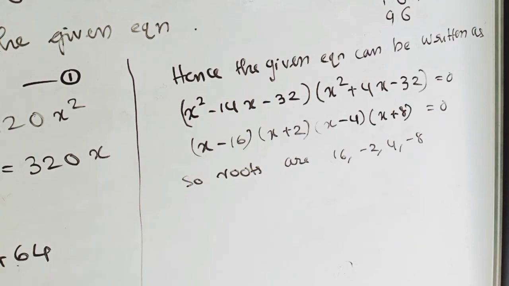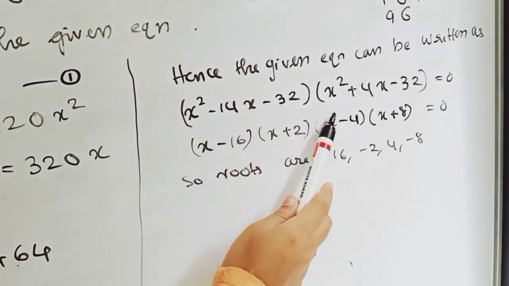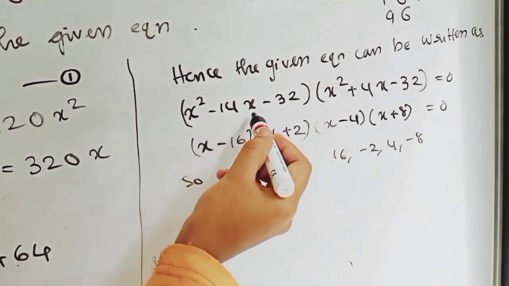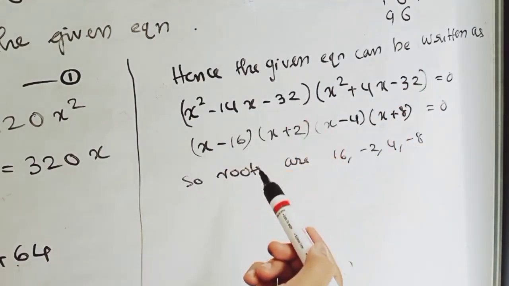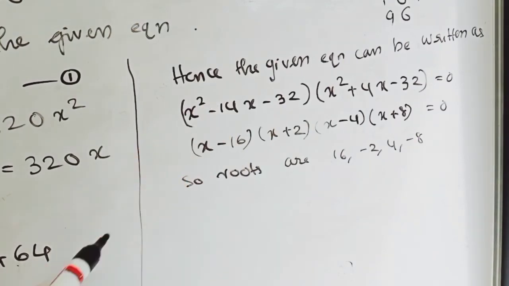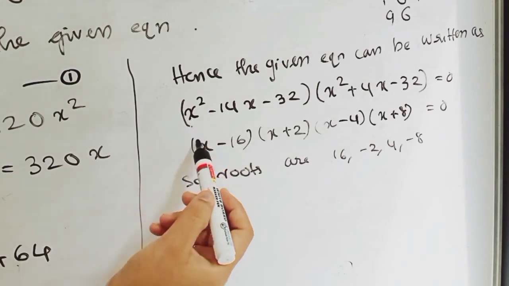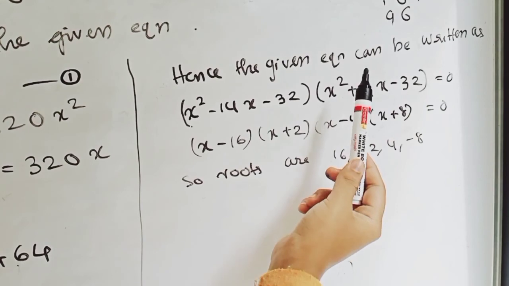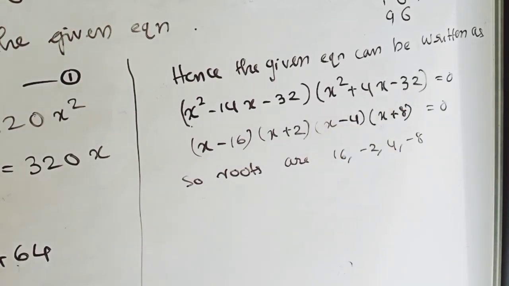So our equation can be rewritten as x square minus 14x minus 32 and x square plus 4x minus 32. Once we have written it as x square minus px minus 32 and x square minus qx minus 32, here x square minus px minus 32 is written as x square minus 14x minus 32, and x square minus qx minus 32 is written as x square plus 4x minus 32.